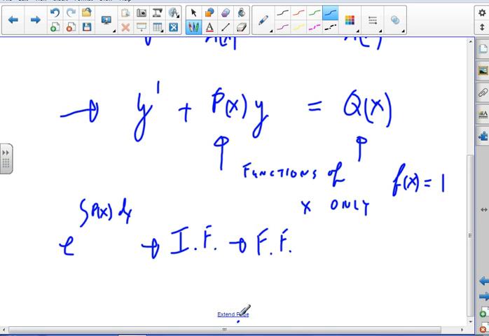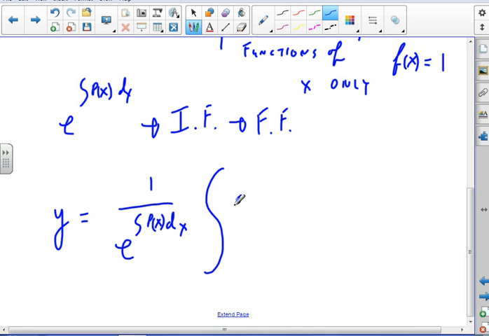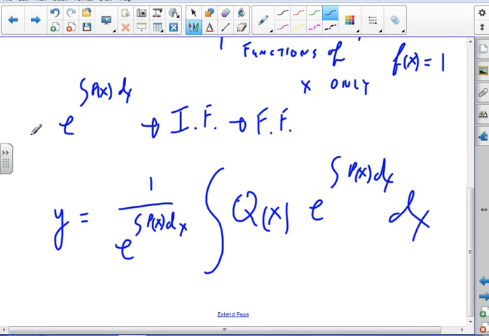Then, once I have that, y is equal to 1 over e to the integral of P(x) dx, times the integral of Q(x) e to the integral of P(x) dx. So I solve this part separately, put it here, and then solve that integral, and that's going to be the answer to my problem.